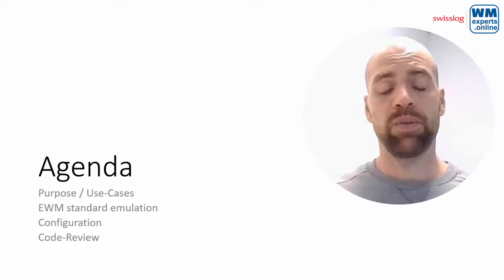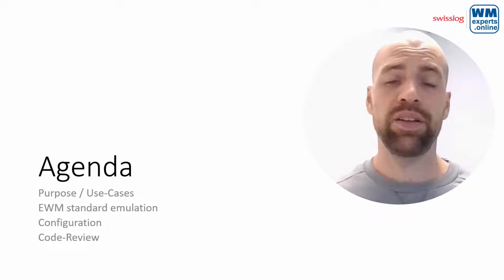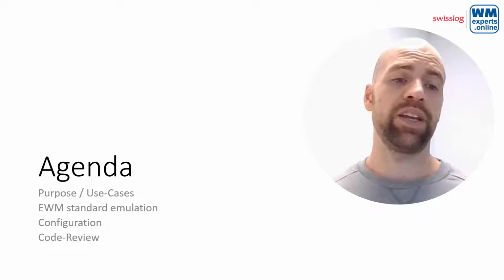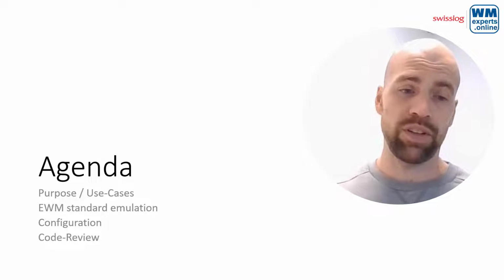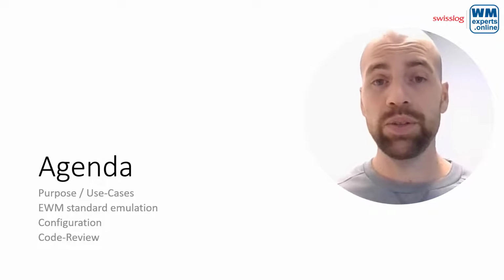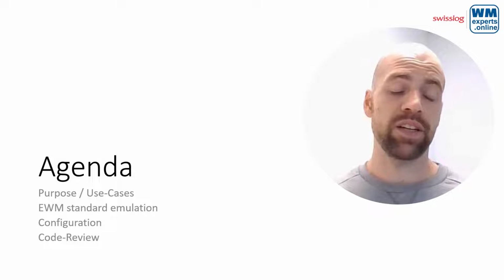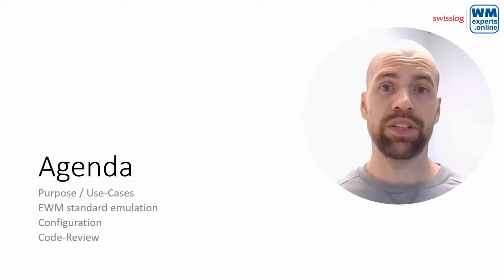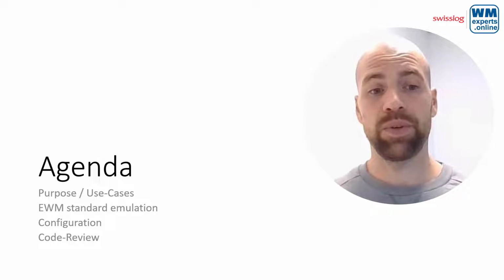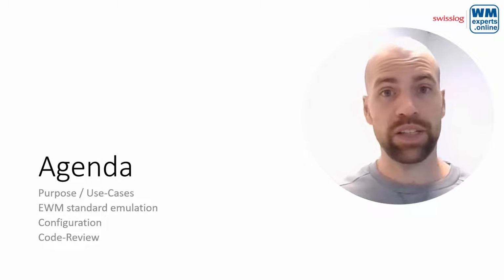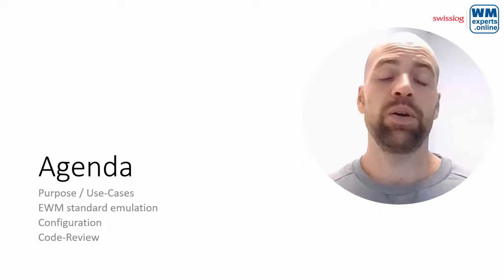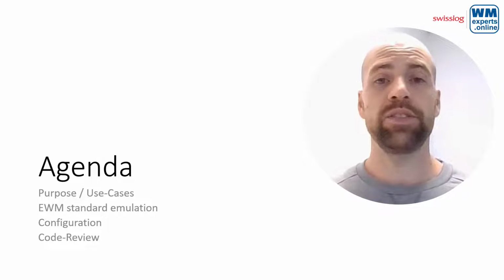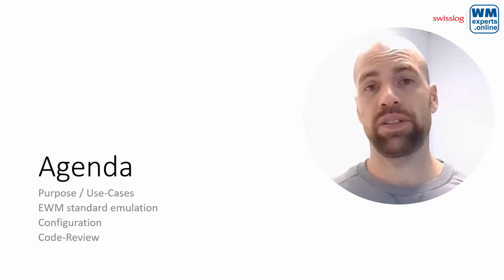So explain where it is being applied and how the process flows on a high level before I go into detail with, first of all, the configuration, so what do you need to do in order to use it, and secondly, a code review so that you really understand in detail how it works. So with the objective that at the end of the video, you know where you should and can use it, and you also understand how it works.